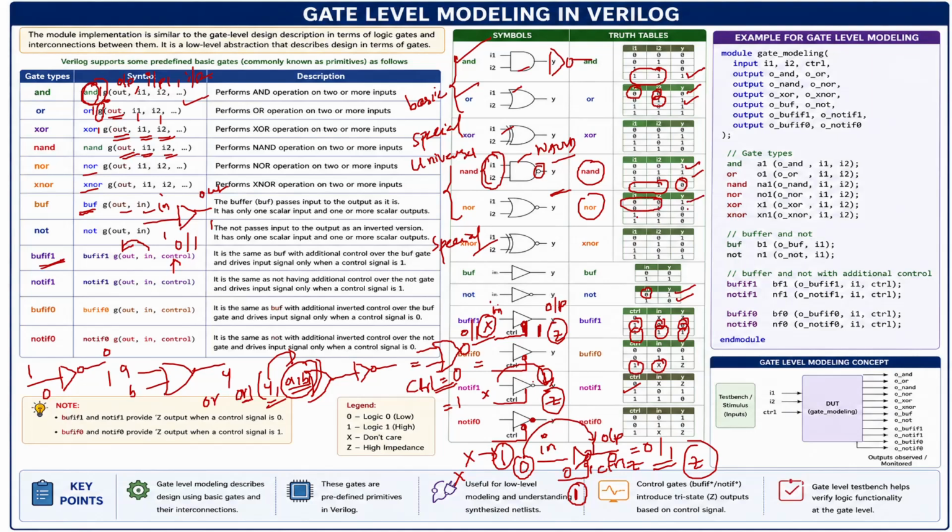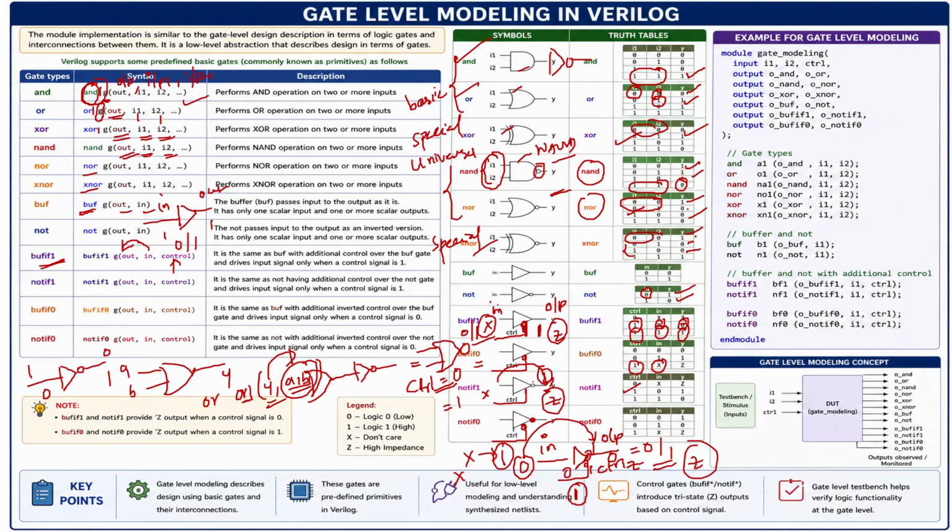If any one of the input is high, output is low. That is the NOR gate. And then exclusive OR gate means if both the inputs are same, output is 0. If the inputs are different, output is 1. Or odd number of ones is present means your output should be 1. Okay. And exclusive NOR gate means if both inputs are same, output should be 1. If the inputs are different, your output should be 0.